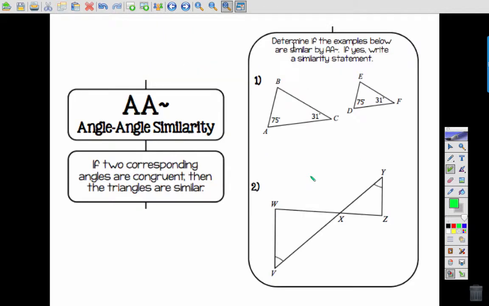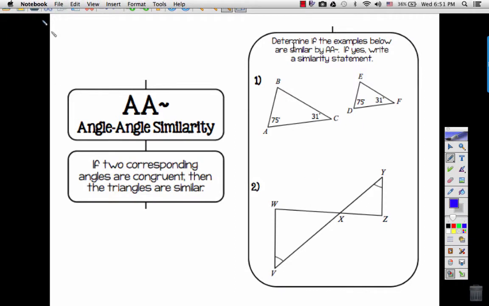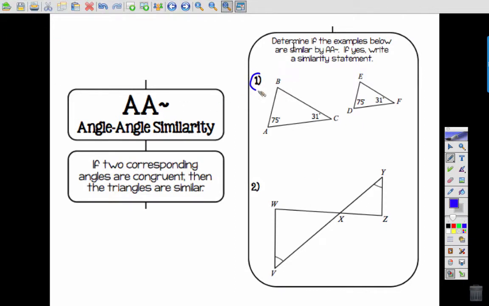So let's start out with AA. Just a note, follow these numbers, because I jump around a little in this slide. The AA similarity postulate states that if two corresponding angles are congruent, then the triangles are similar.